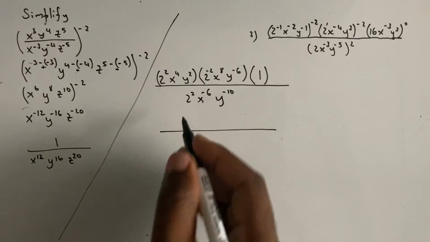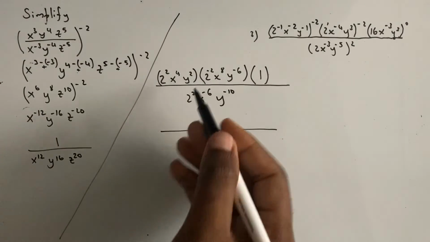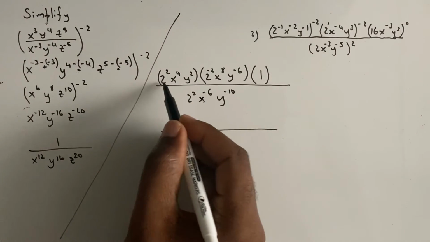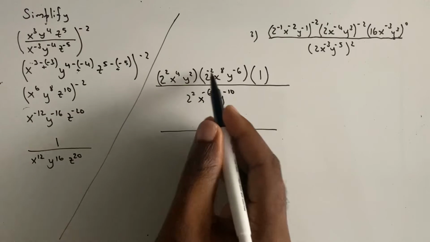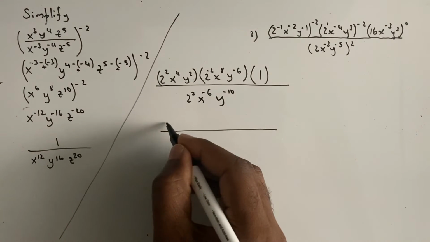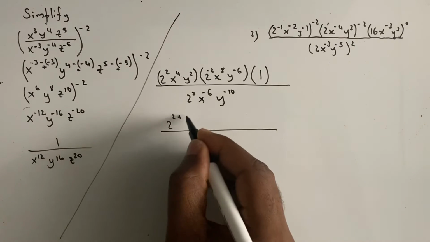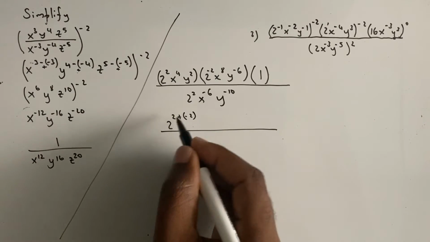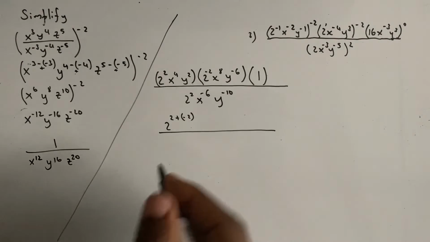Now on top here, I can choose to multiply like bases. So 2 to the second times 2 to the negative 2 would be, remember I'm multiplying, 2 to the 2 plus negative 2. When multiplying same bases with different or same exponents, you add the exponents.